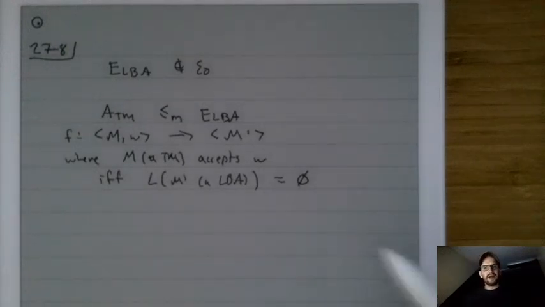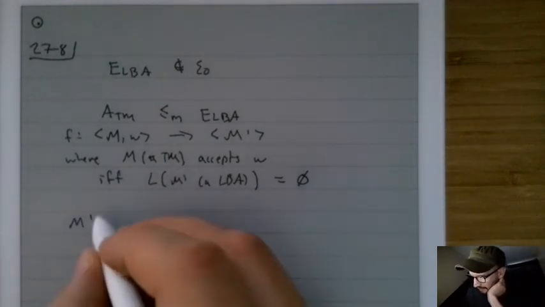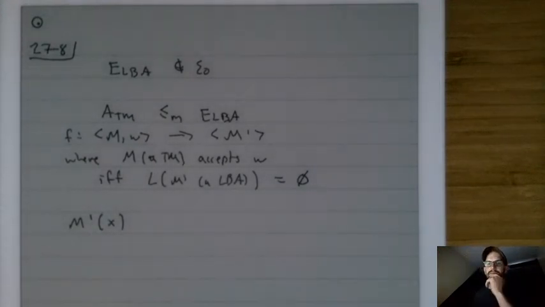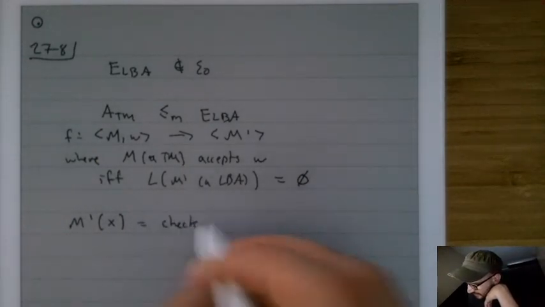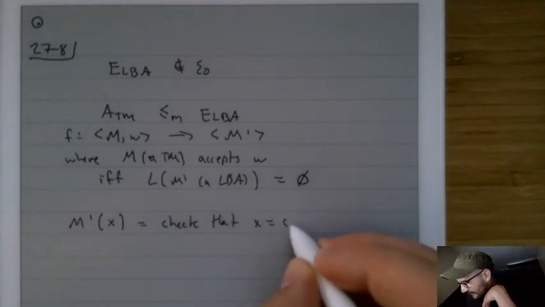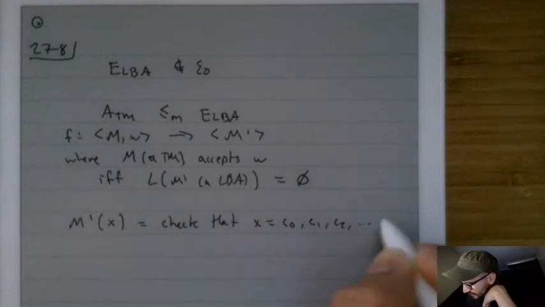Now, how does this thing work? The idea here is that M' takes as input x. And what it's going to do is check that x equals C0, C1, C2, ..., Cn.